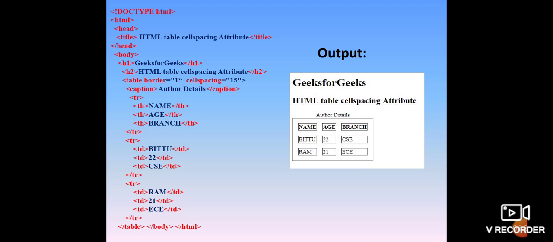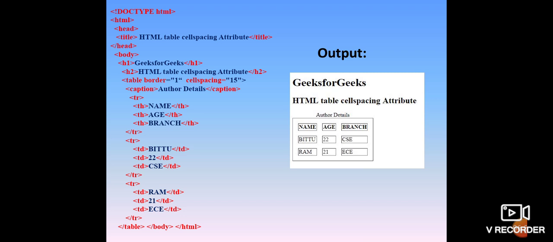In the table heading tags, I am giving name, age, branch. The first row is over, so I am closing the TR tag, and I am opening the second row, TR. In the second row, I am going to type the data for the table, so I use the TD tag, that is table data. The first data is Bit2, the second is age 22, and then CSE. The second row is over, and I close the TR tag.